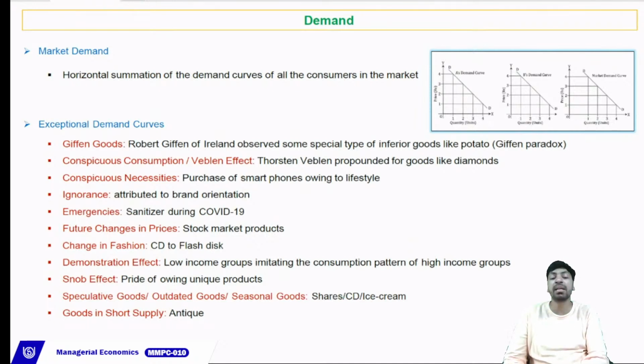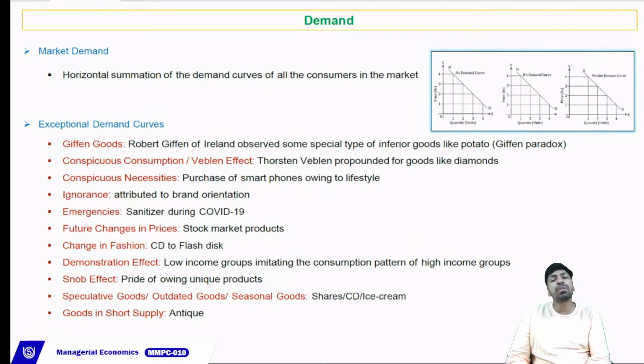Goods in short supply, like artificial jewelries. I could give a good example of goods in short supply. Nobody wants artificials, but at a certain point of time, demand has no role, and still people buy it for their own use, which is called antique products, which have a very short supply.